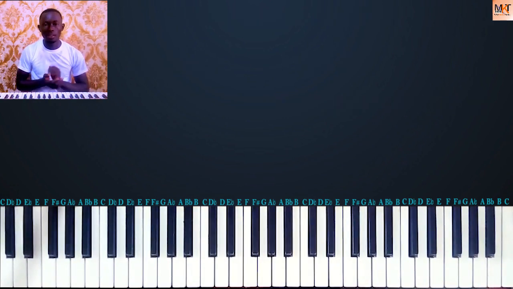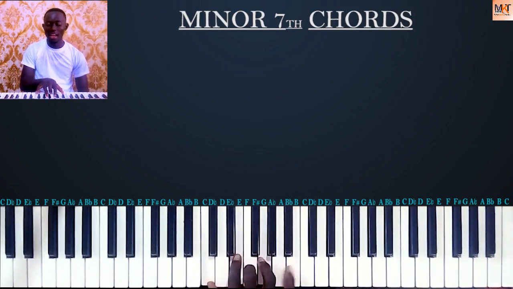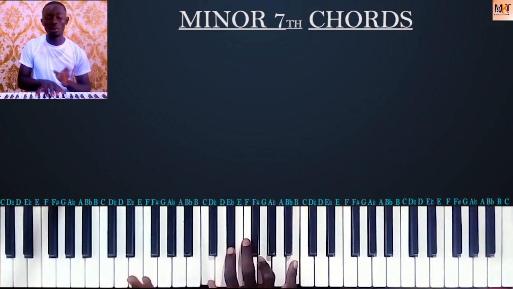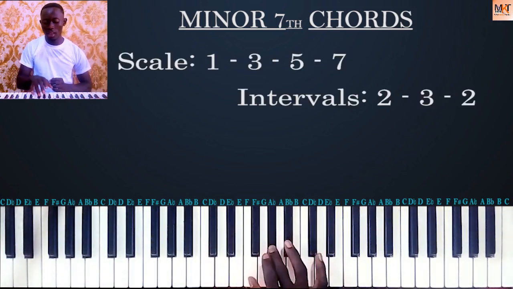Okay. Let's look at how we form minor seventh chord. You might be thinking that when I form a major chord and add the seventh to it, it is a major seventh. So when I form a minor chord and add the 7th to it, it is the minor 7th. That's not how it works. Minor chords have also got their scales 1, 2, 3, 4, 5, 6, 7, 8.